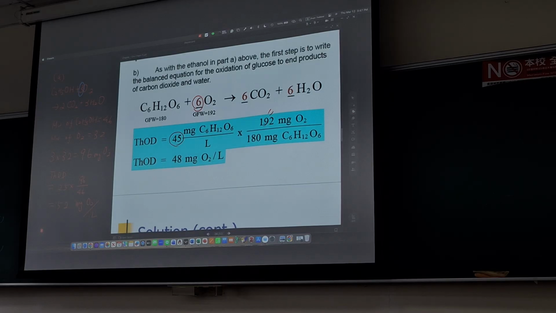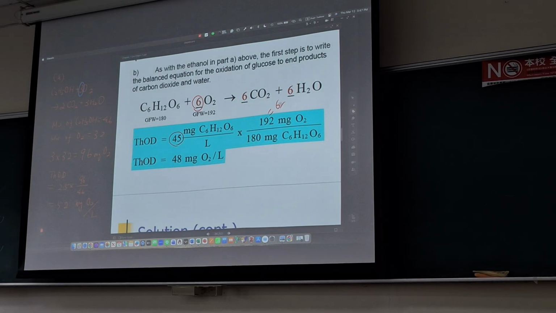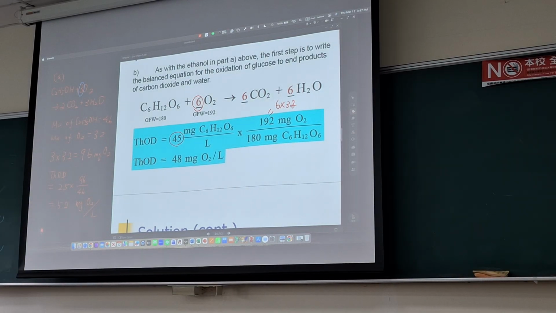So 192 comes from 6 times 32. Okay, so 6 times 32 over 180. 180 is the molecular weight of glucose. Okay, 45 times 192 over 180. So the THOD will be 48.